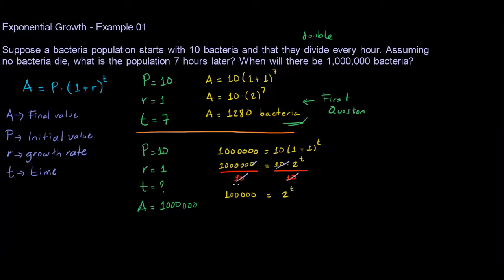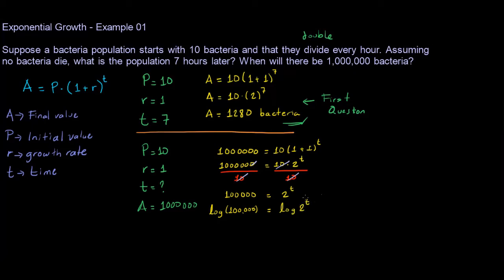So I'm going to apply now a logarithm. I think I'm going to apply the log base 10, just because most people have it on the calculator. So the log base 10 of 100,000 is equal to the log base 10 of 2 raised to the t power.